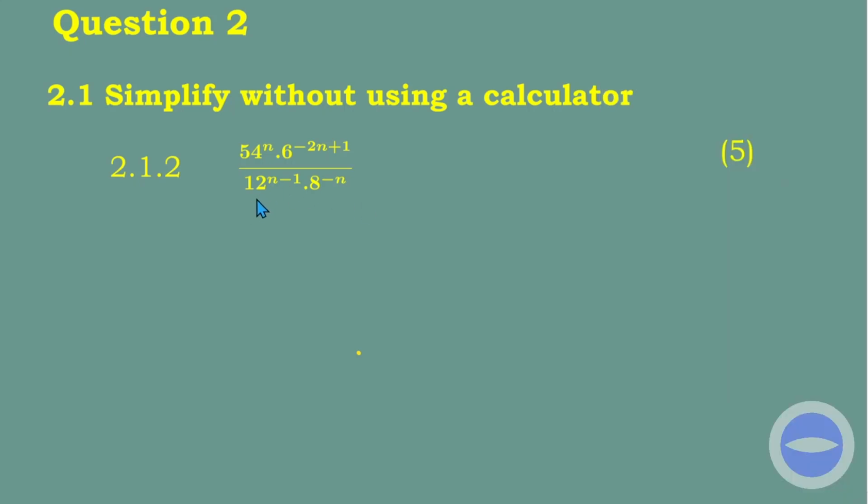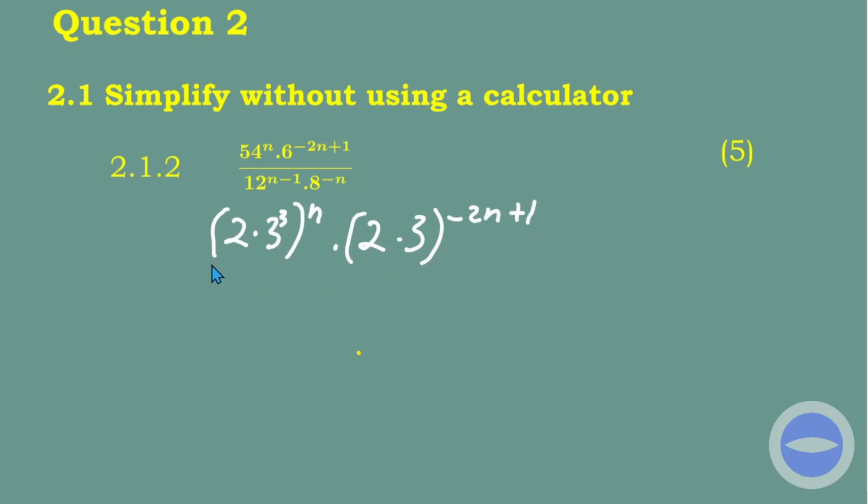So instead of 54, we can write 2 multiplied by 3 exponent 3, all in brackets, to the exponent n, then multiply by 6, which is 2 times 3. So 6 is the same as 2 times 3, and then we close the brackets and write the exponent 2n plus 1.